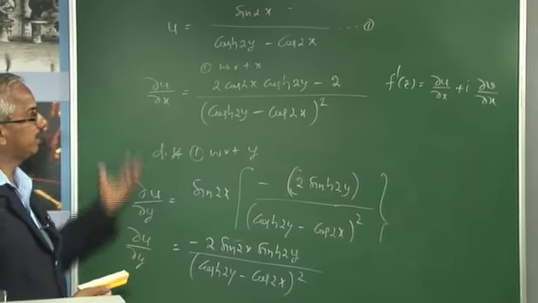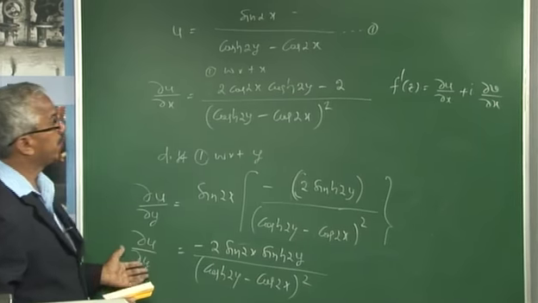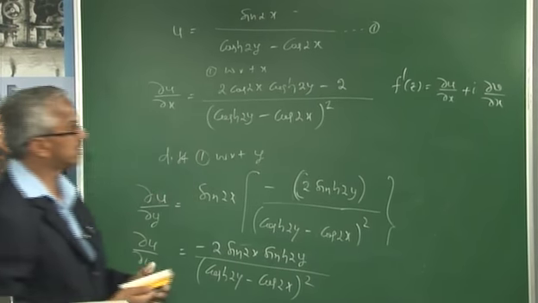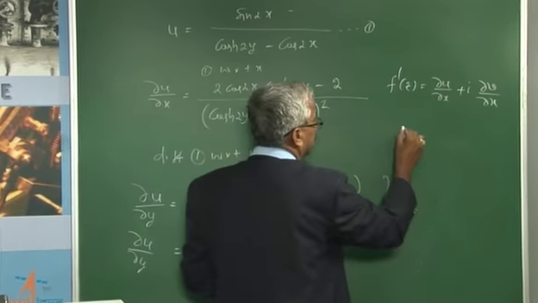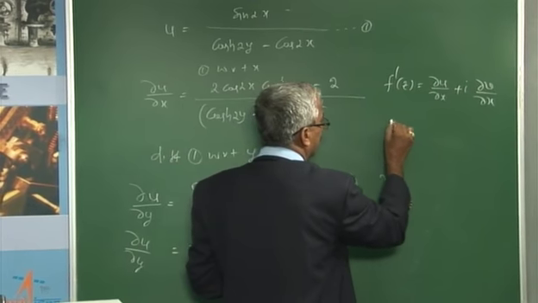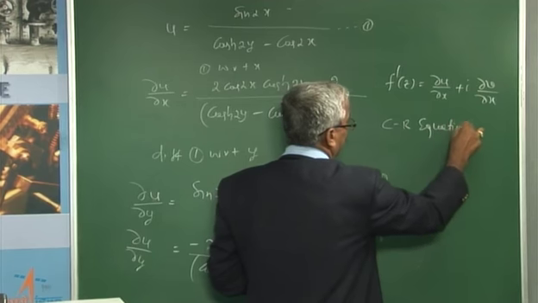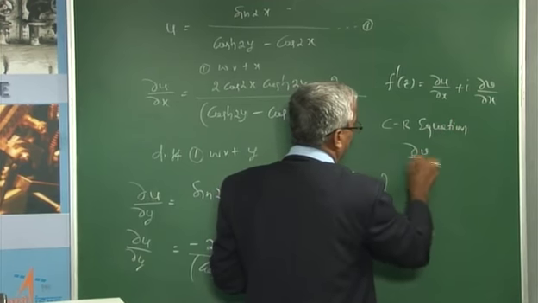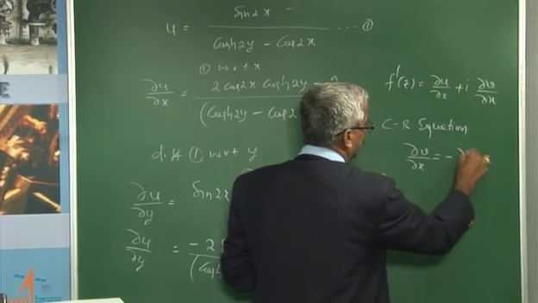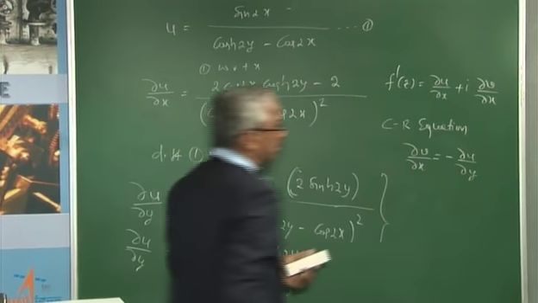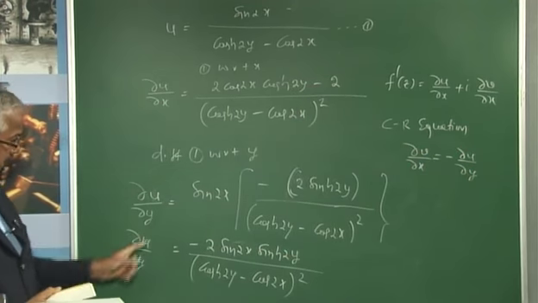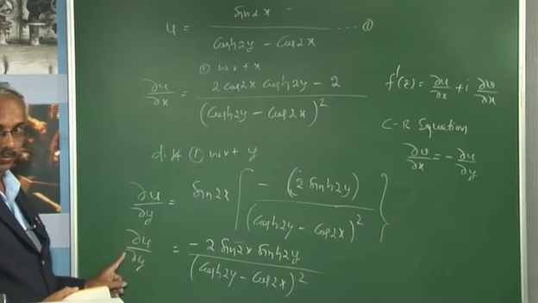Therefore, I have to bring this in terms of dou u by dou y just by using the CR equations. By the CR equation, dou v by dou x is equal to minus dou u by dou y.